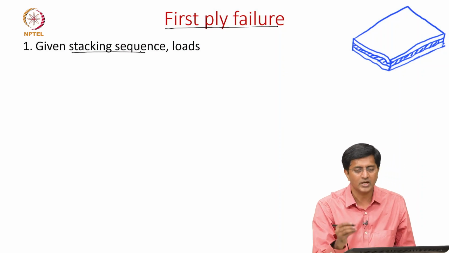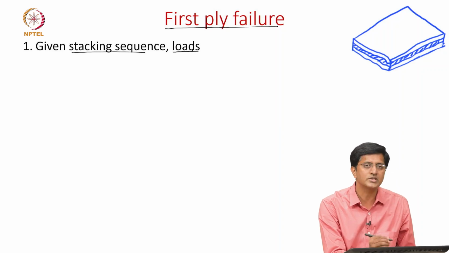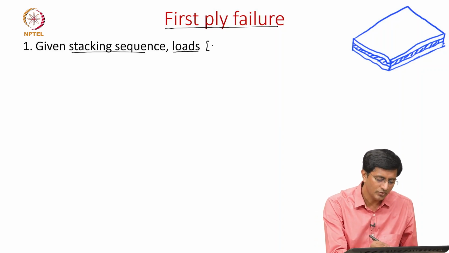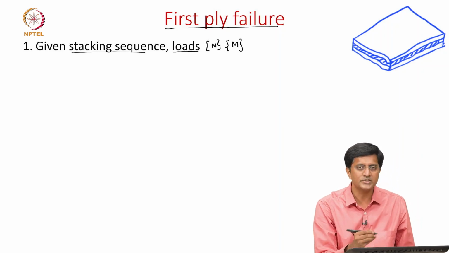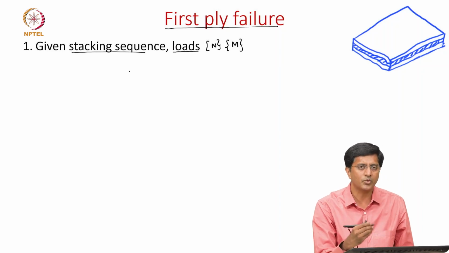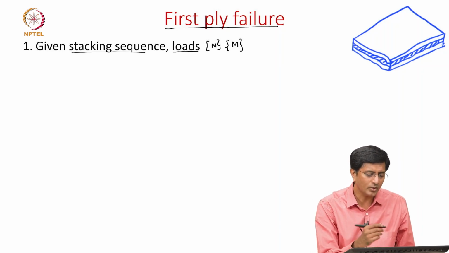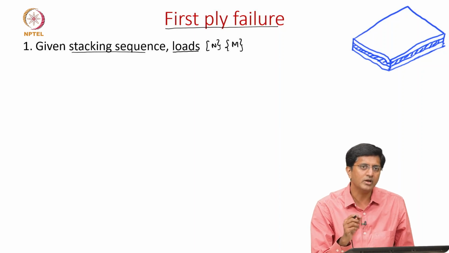Let's say we have a laminate, and we also know the stacking sequence, as well as the loads applied, meaning we know these matrices N and M. So the forces and the moments applied to the laminate are known, as well as the stacking sequence and the material properties of each lamina. From here, how do we predict which layer will fail and at what load will it fail?